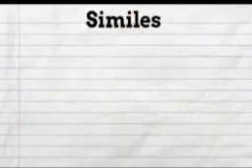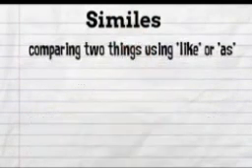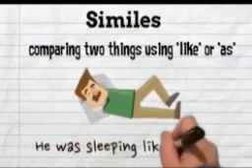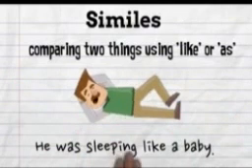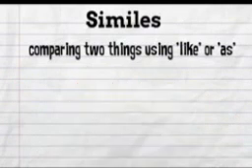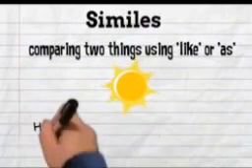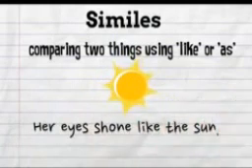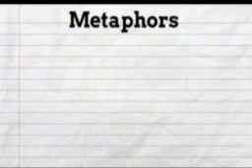What are similes? Similes are words used to compare two things, and you use like or as there. For example, he was sleeping like a baby. Another example, her eyes shone like the sun. Here you create an image in the reader's mind.